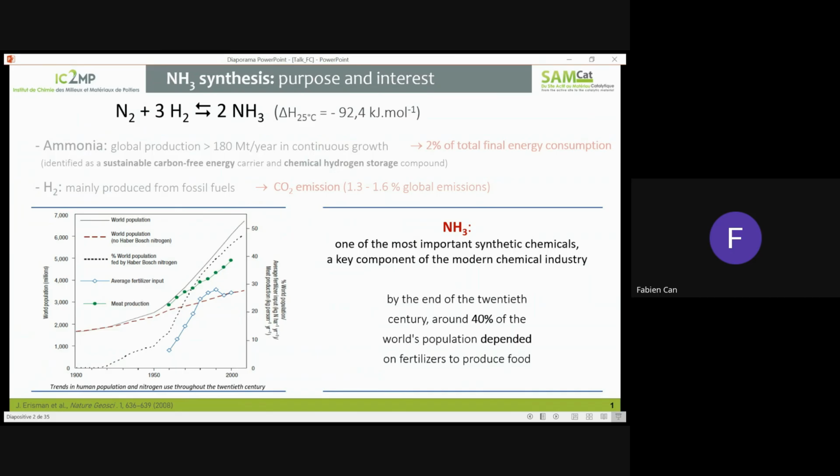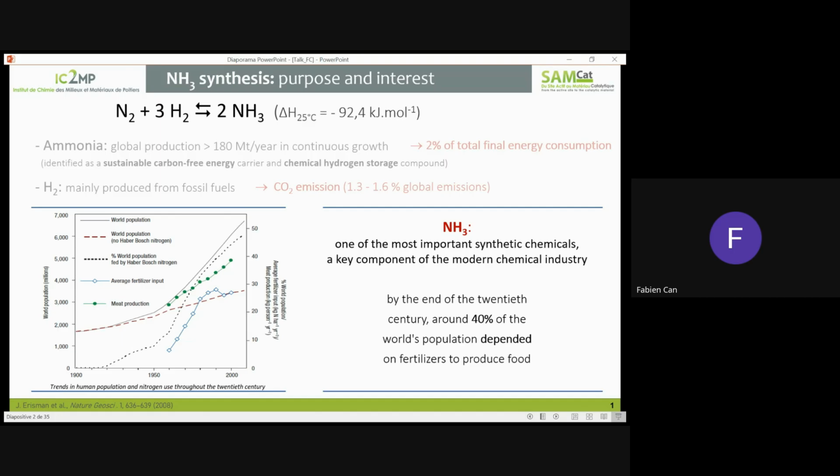For instance, you can see in the graph here, from a publication by Erisman, the total world population and the nitrogen use throughout the 20th century. In this graph, the solid line represents the total world population. We also plot in red dashed line the people that could be sustained without the reactive Haber-Bosch nitrogen.